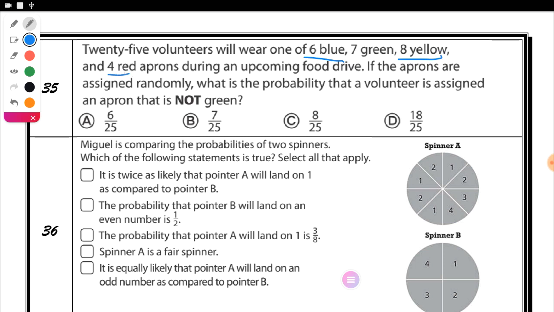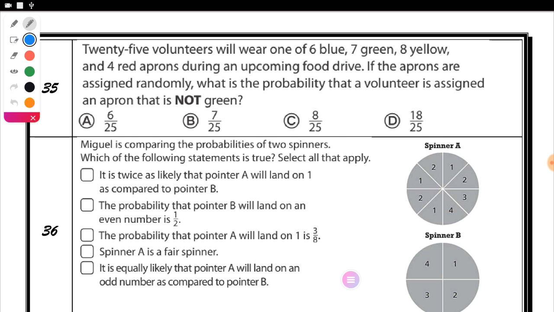Add them together, you will find 18 over 25. Both are right ways. So not means 1 minus the probability of the color, or you can choose the others. Okay?